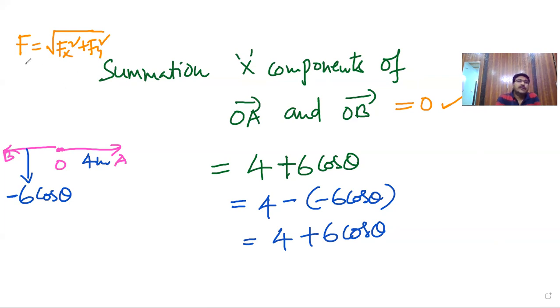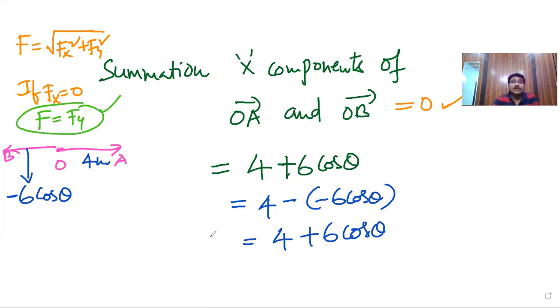If the entire resultant is acting only towards y, then Fx should be 0, and automatically F becomes Fy. That is the meaning.